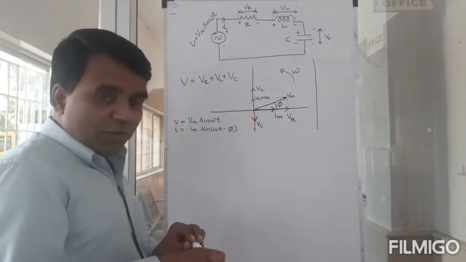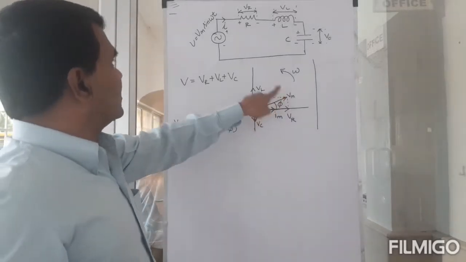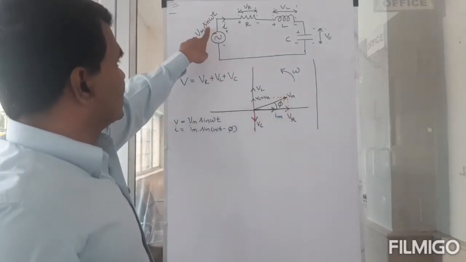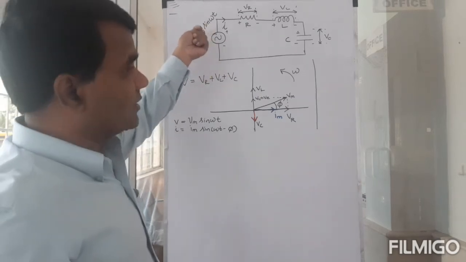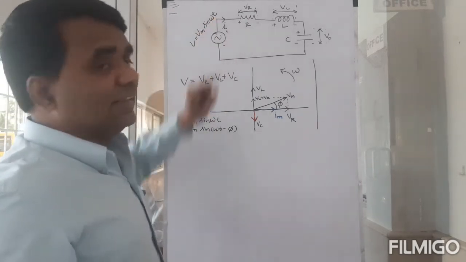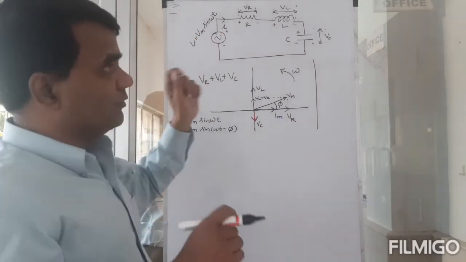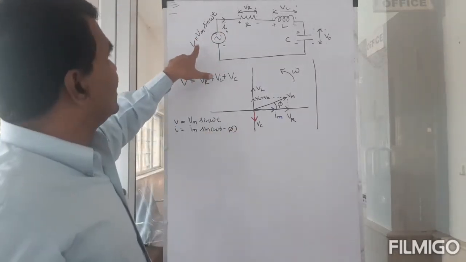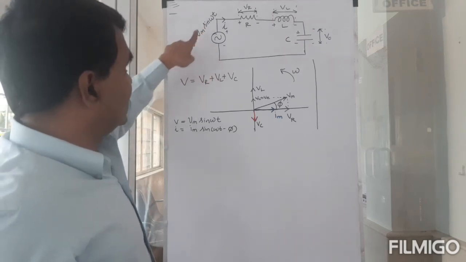That is from the perspective of the voltage. You have chosen to take this as a reference. The voltage is a reference. The time you consider as 0 is when V is equal to 0. So if you consider that, then you will have this equation, Vm sin omega t.